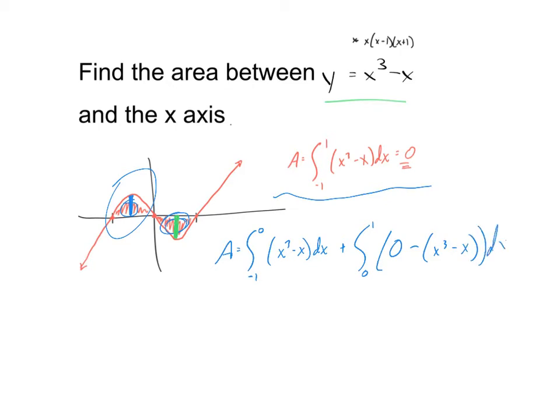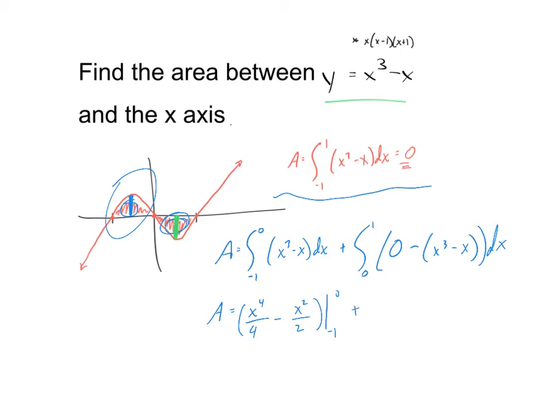And that flips all of the signs in x cubed minus x. So we go area equals x to the 4th over 4 minus x squared over 2, and that piece gets evaluated from -1 up to 0.